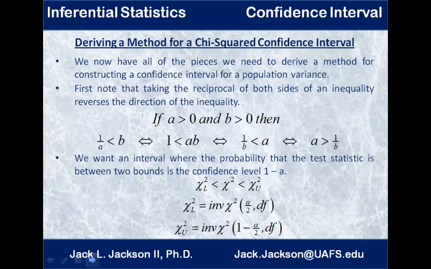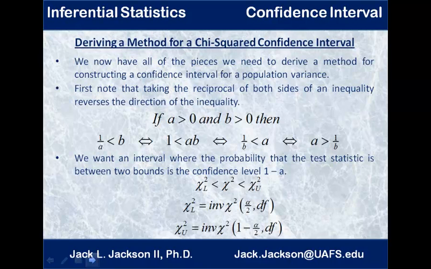Now, I want to just show you one little algebra thing here. If we're dealing with positive numbers a and b, then you have 1 over a is less than b. Then multiply both sides by a, that's 1 is less than a times b. Then divide both sides by b, it's 1 over b is less than a, which is the same thing as saying a is greater than 1 over b.